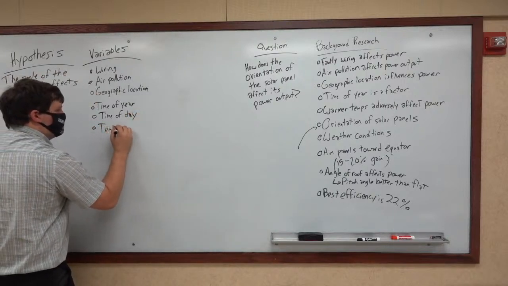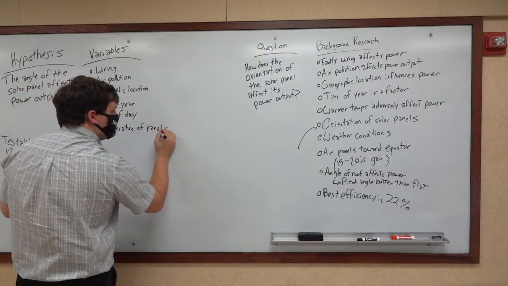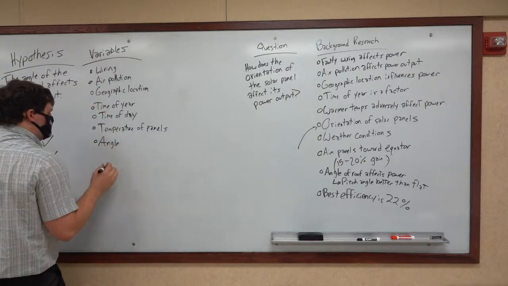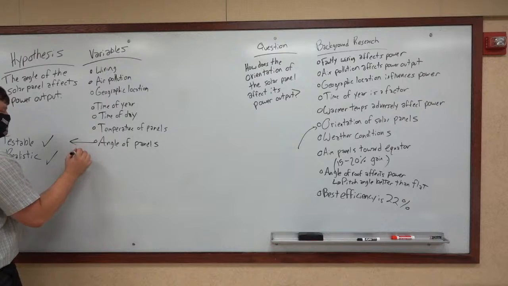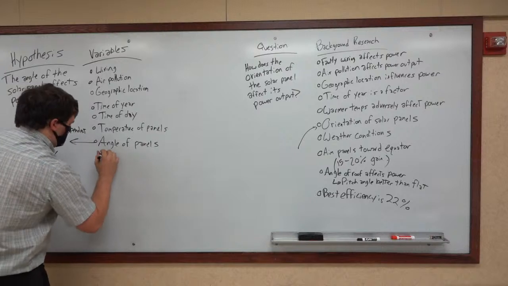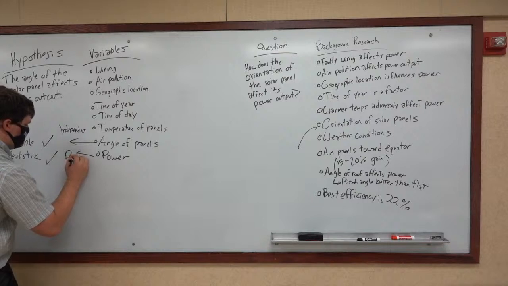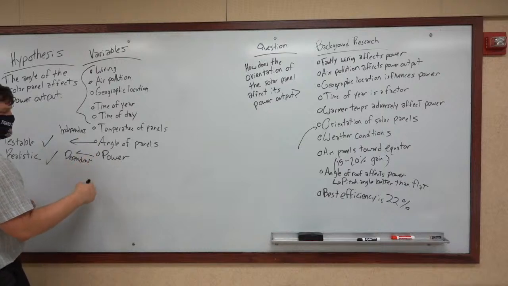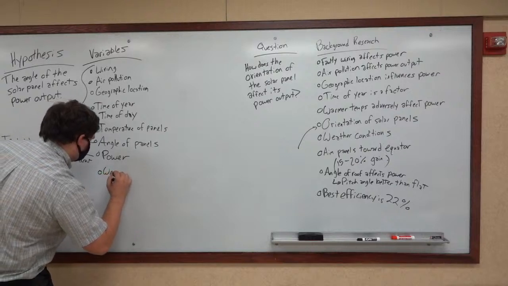Temperature of panels. We've got angle of panels; this is going to be our independent variable. We've got our power, which is our dependent variable. All of these are going to have to be control variables. We've got weather conditions.